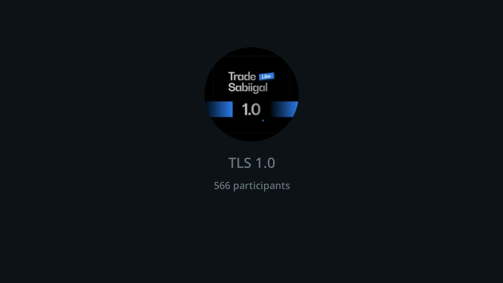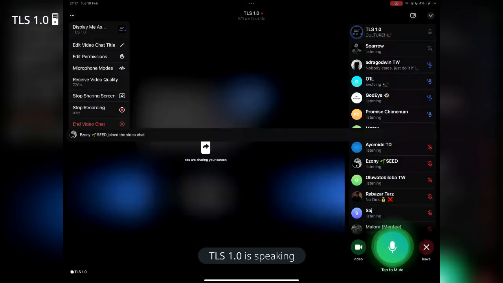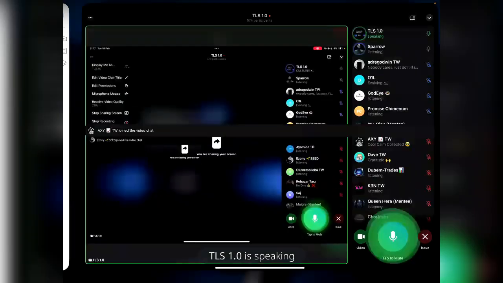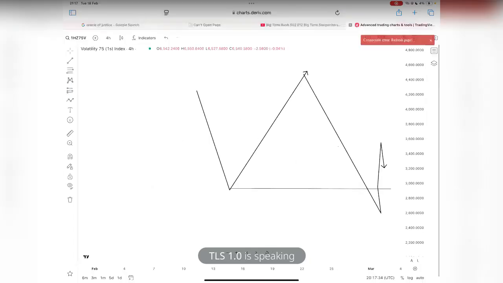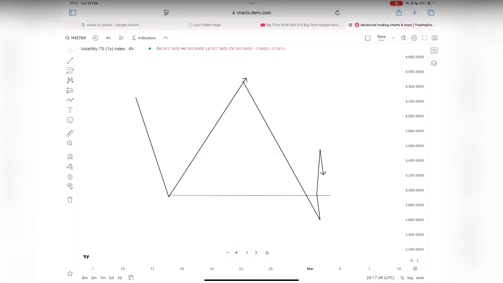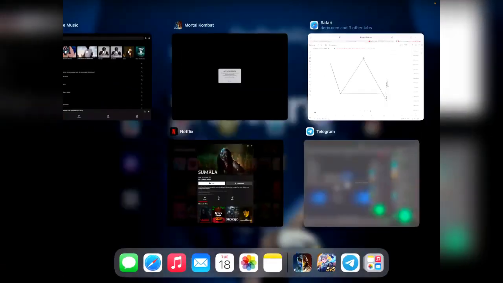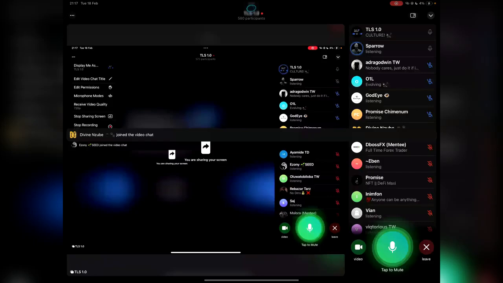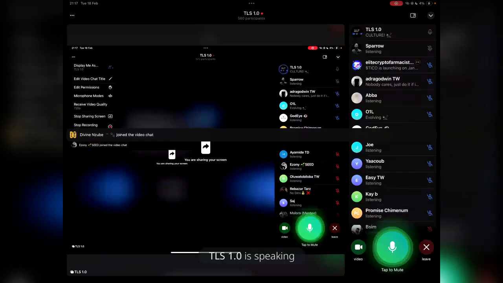Okay, so can you see my screen? Is my screen not visible? It's not showing. Can anyone see the screen? Please drop a comment on the chat.